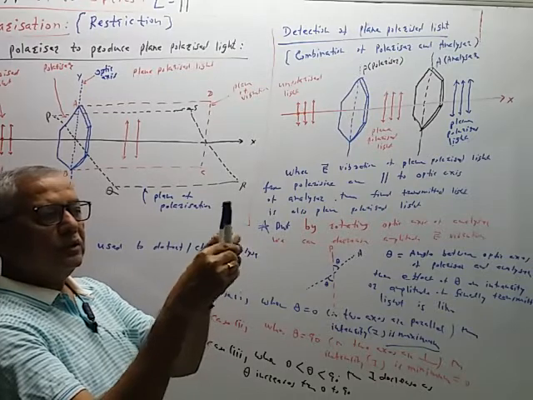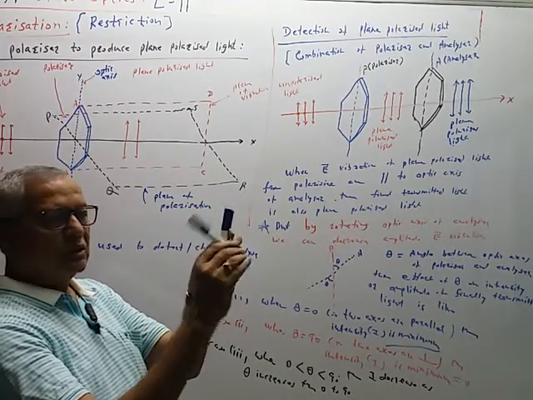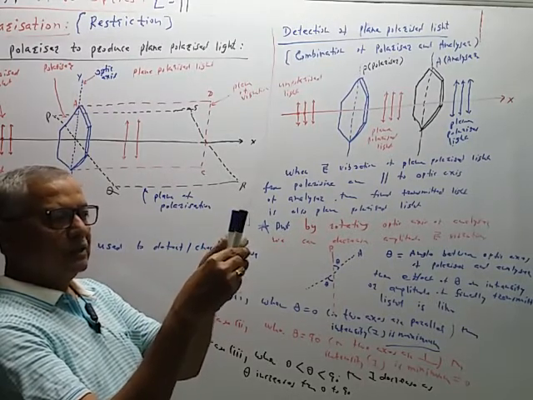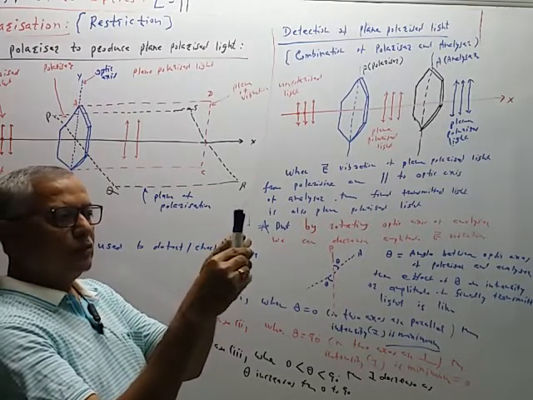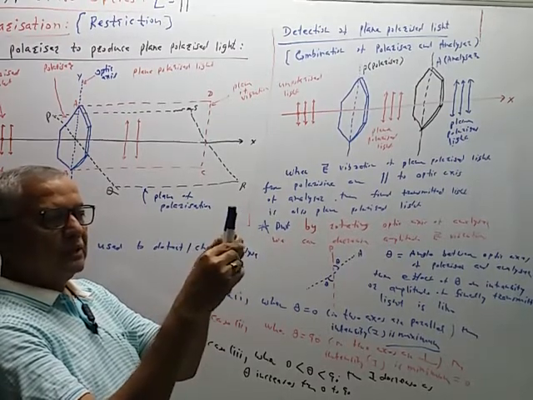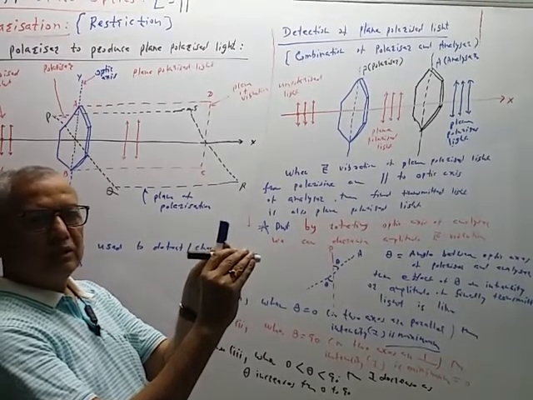We are rotating only the second axis. So when the axis of the analyzer is rotated from 0 degree to 90 degree, the intensity goes on decreasing and it becomes 0 when the two axes are perpendicular.